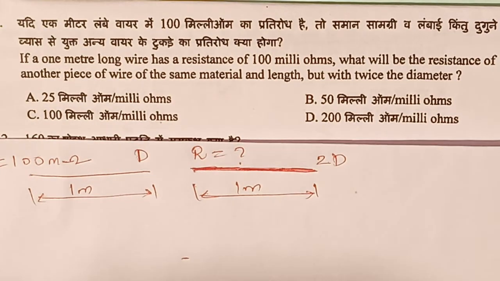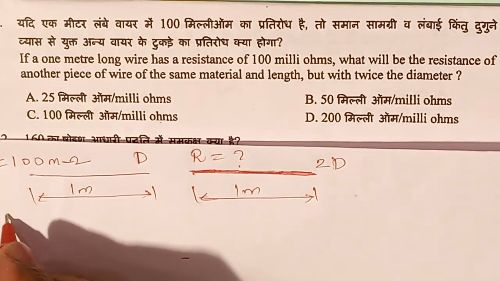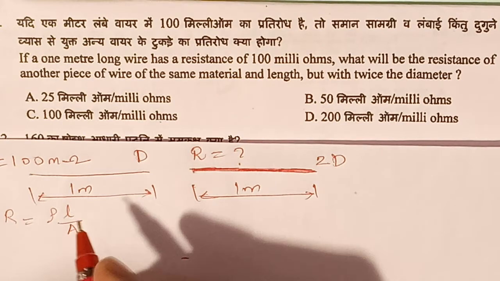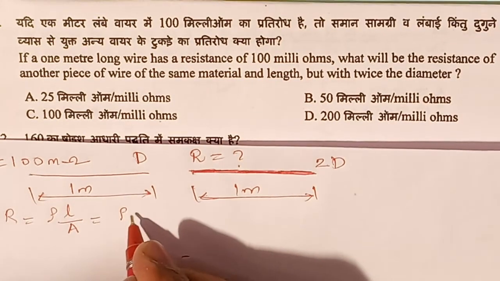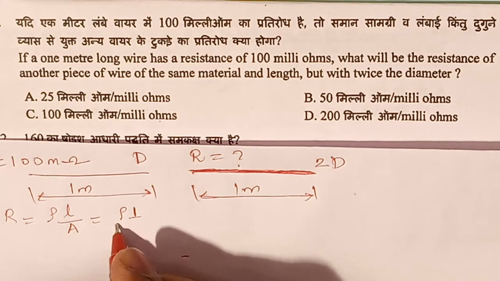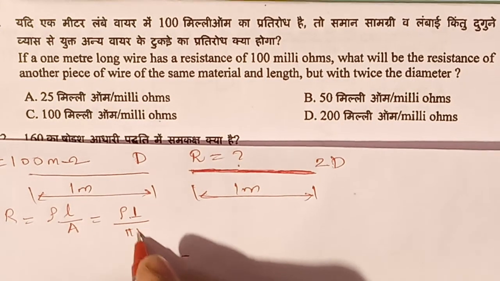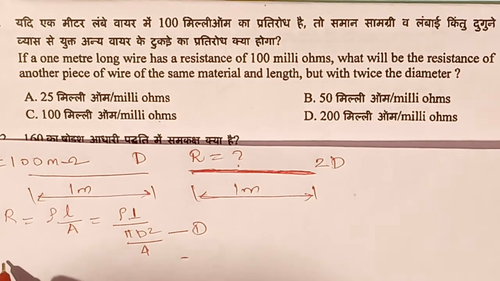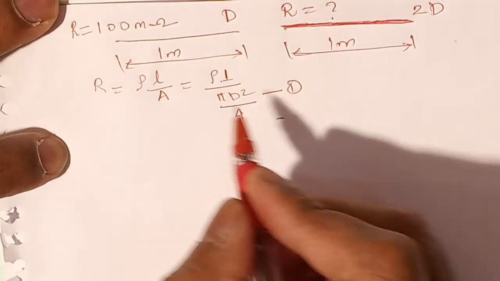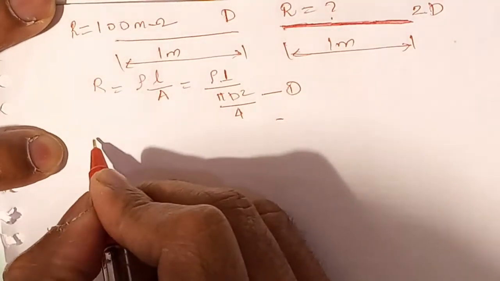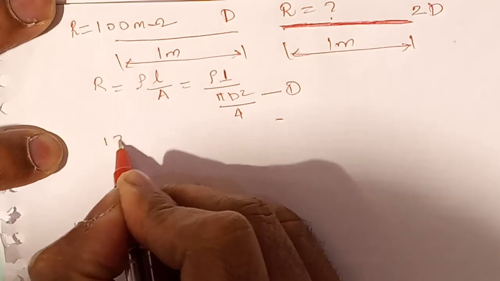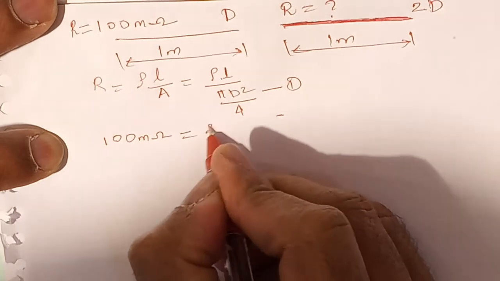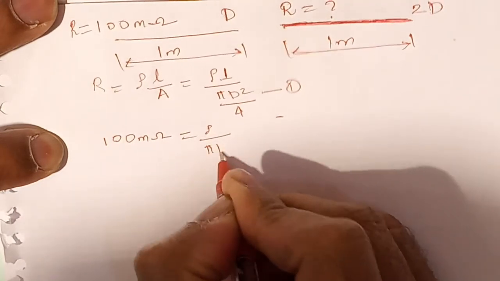Now resistance of a wire is given by R equal to rho L by A, where L equal to 1 and A equal to pi d square by 4. So this is our first one. If we simplify here, the first wire has the resistance of 100 milliohm, and it is rho by pi d square by 4.